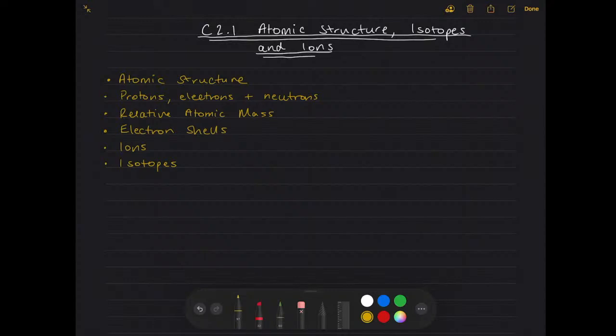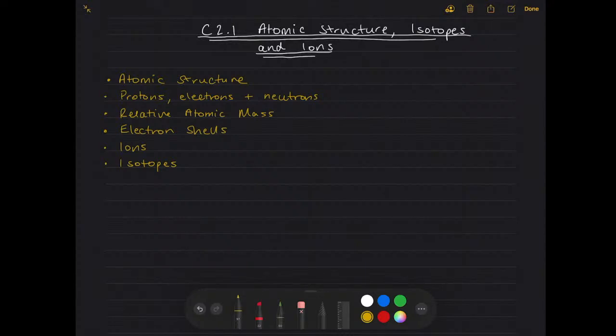In today's session, I will be covering C2.1 in the OCR spec, which is atomic structure, isotopes, and ions. This topic underpins a lot of content and theory behind chemistry. We'll start very quickly by recapping atomic structure.